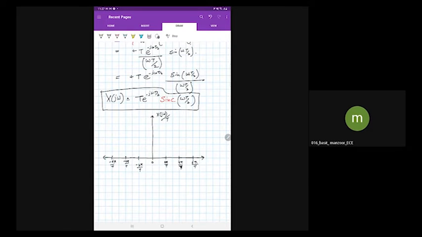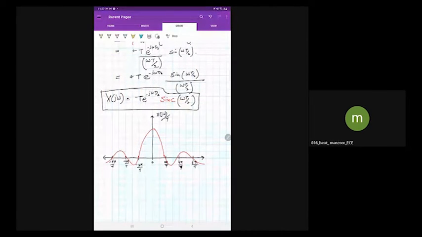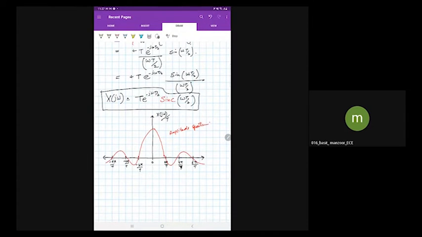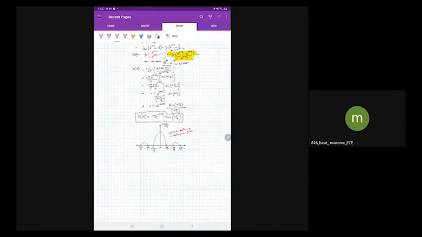Then our graph will be something like this. It could be like this. Okay, this is the amplitude spectrum of a rectangular pulse.